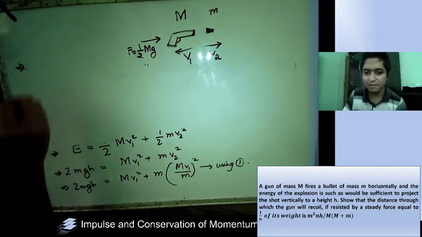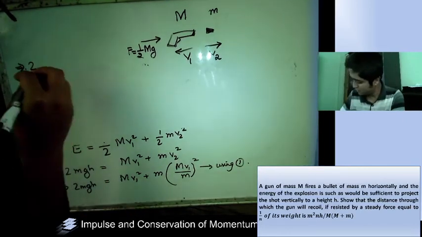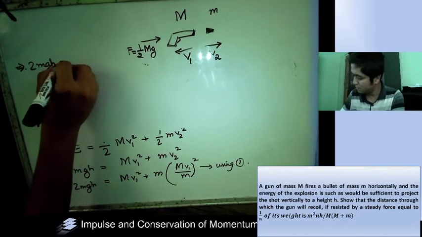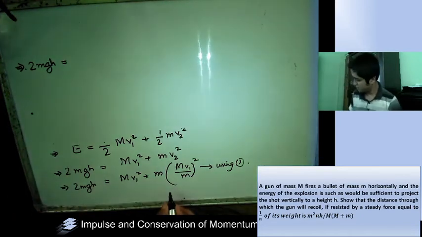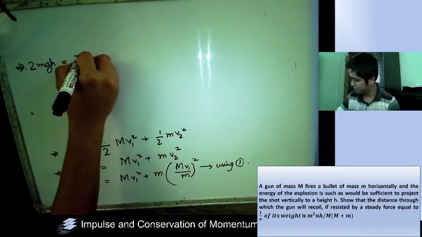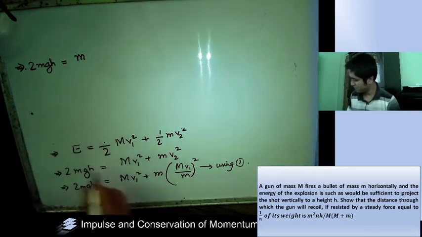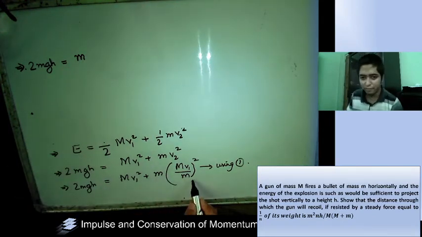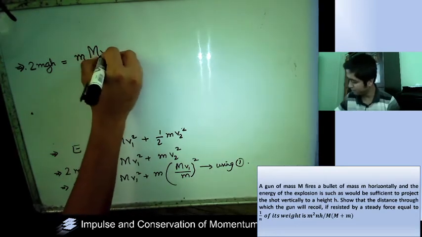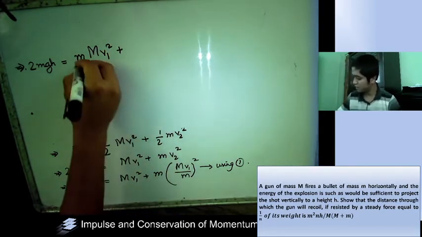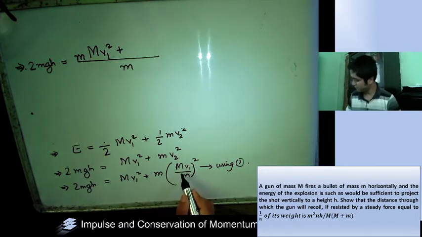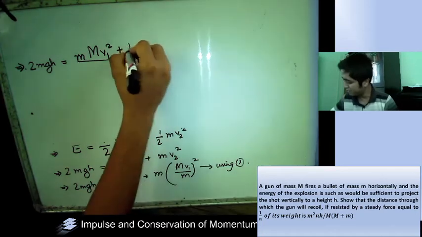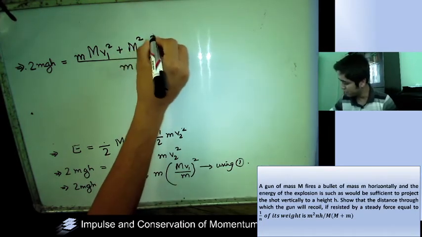So let us just try to simplify this. You will be getting m M v1 square, divided by the whole thing by M, plus m square v1 square.